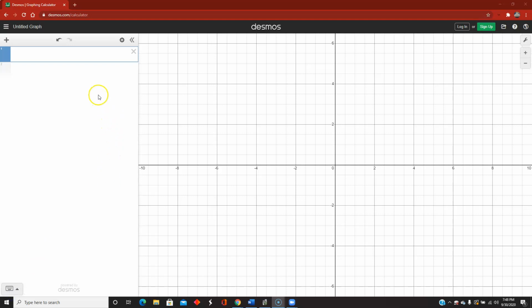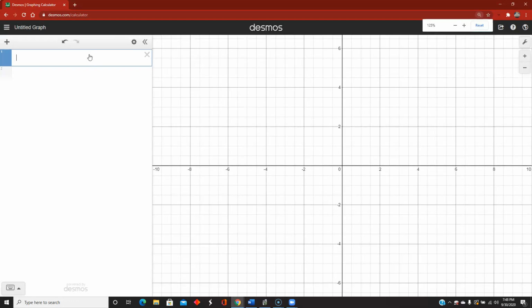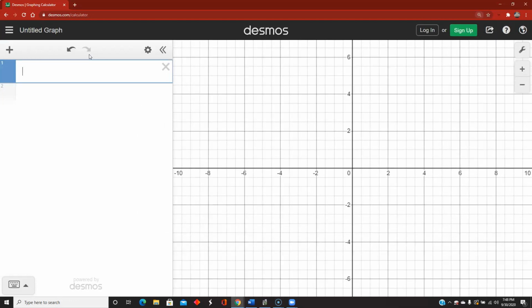One thing I wanted to point out about the graphing tool Desmos is this is pretty cool that Desmos will solve for that limit of integration for us.